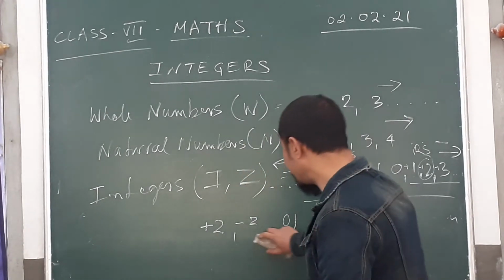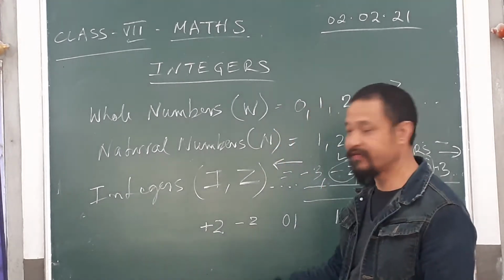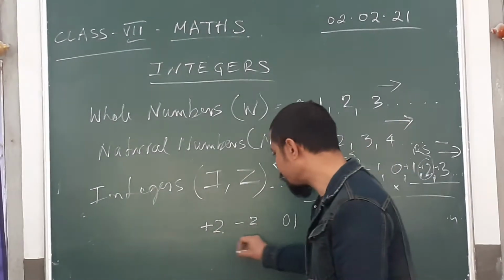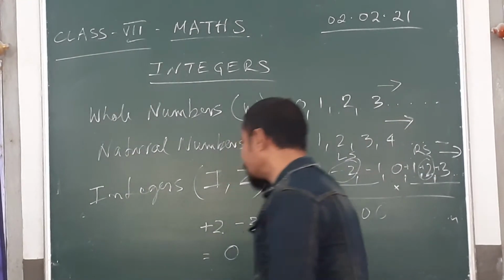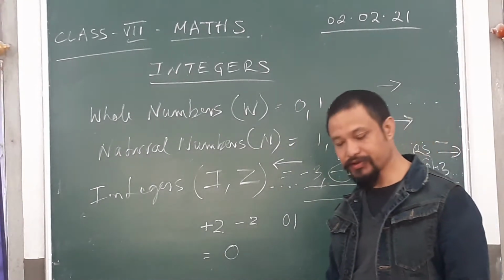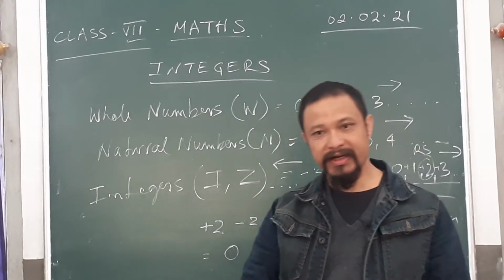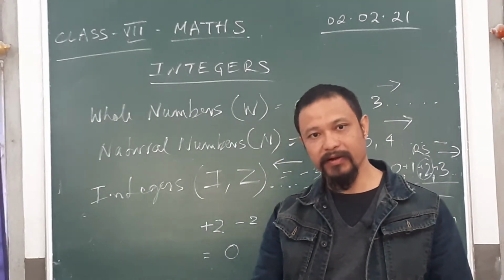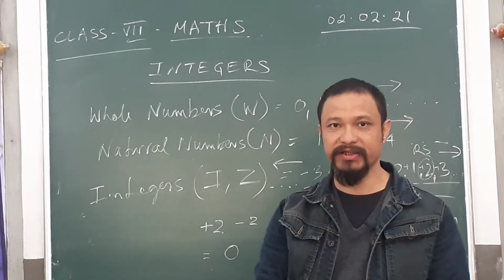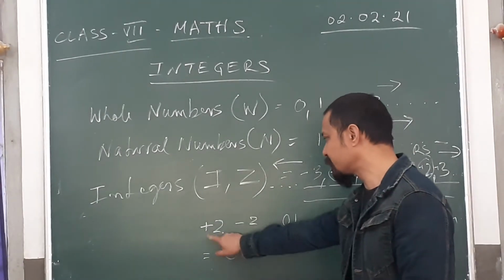That's very true. Let's say I have to compute this: plus 2 minus 2. What would happen? Plus into minus is minus. The operation will be minus between them. So 2 minus 2 will be 0. Understood? So it kind of cancels itself. So whenever a positive number encounters the negative number of the same value, and there's a computation that has to take place between them, sign rules will be applicable, plus into minus.